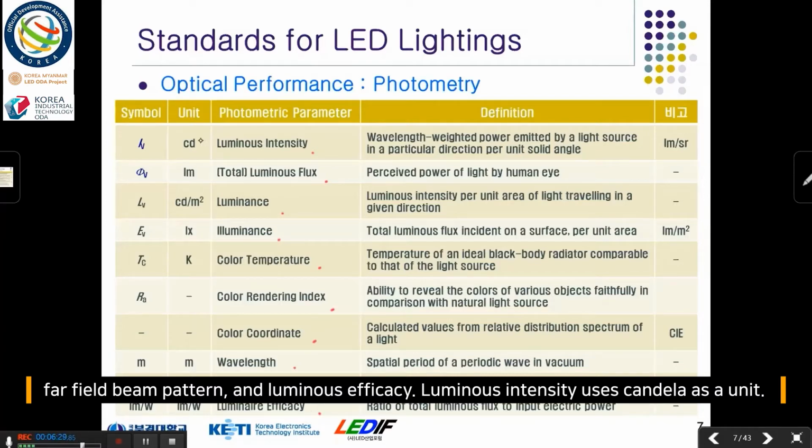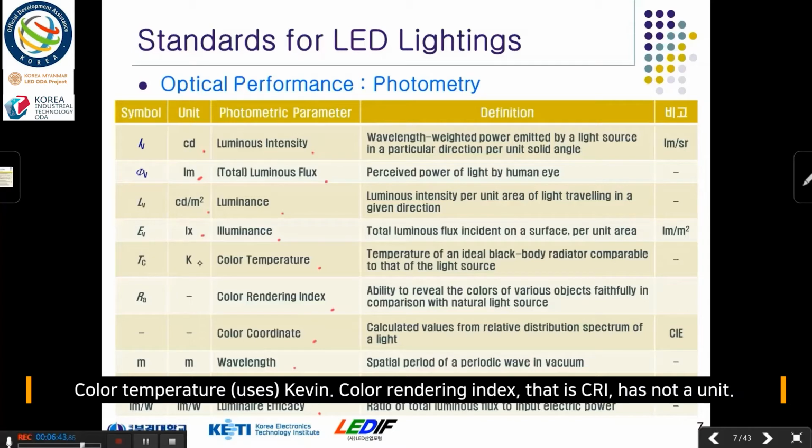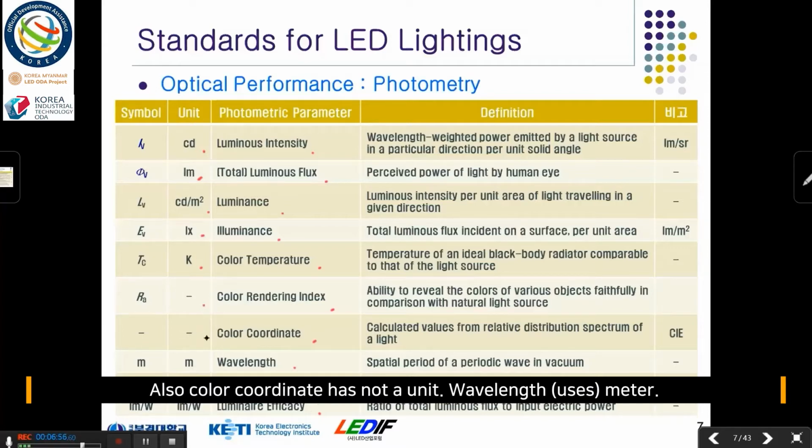Luminous intensity uses candela as a unit. Luminous flux uses lumen. Luminance uses candela per meter square. Illuminance uses lux. Color temperature uses Kelvin. Color rendering index, that is CRI, has no unit. Also, color coordinate has no unit. Wavelength uses meter and luminous efficacy uses lumen per watt.